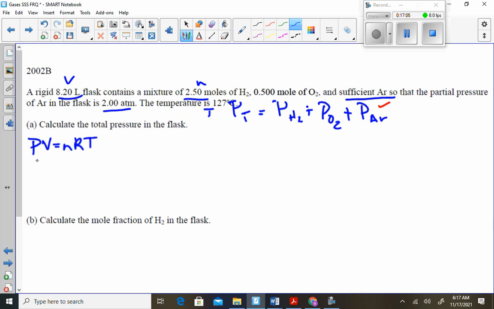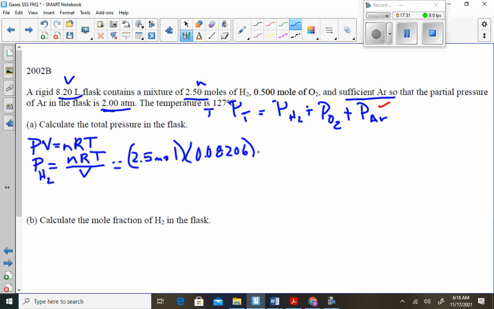And so when we find the pressure, we get nRT over V. If we're finding the pressure, let's do hydrogen first. We have 2.5 moles times R. Since we're working in atmospheres, and we can add them all up in atmospheres, we'll use 0.08206 liter atmospheres per mole Kelvin.